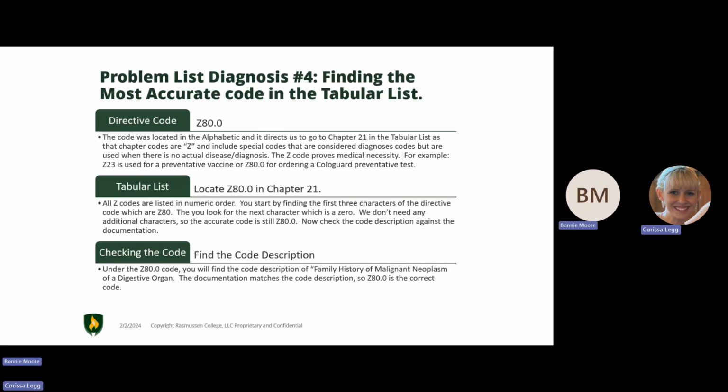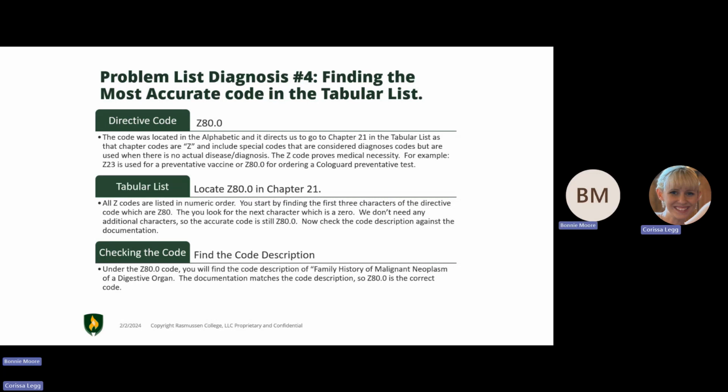Say the provider ordered a Cologuard preventative test. So now we go to the tabular list, chapter 21, locate that code. Again, you want to start with the first 3 characters, find Z80, and then you're going to look for the next character, which is 0. There's no indication of any additional characters needed.